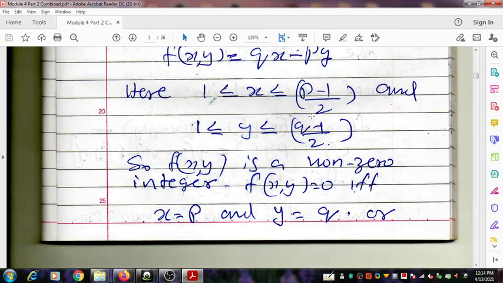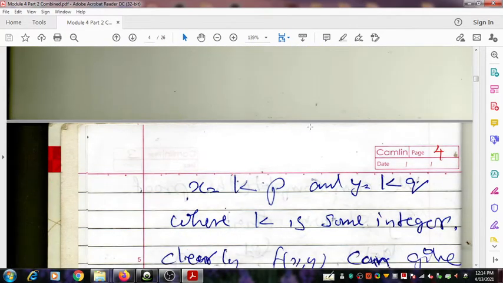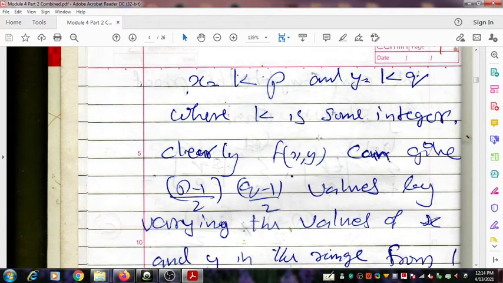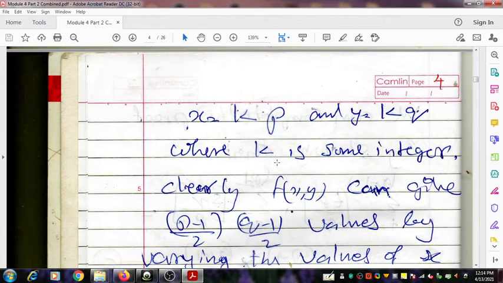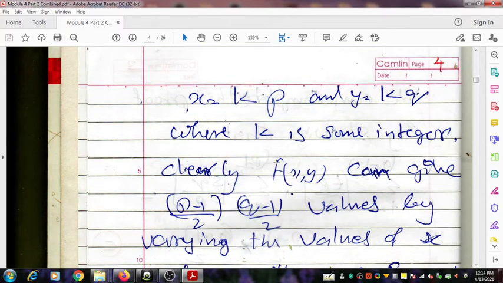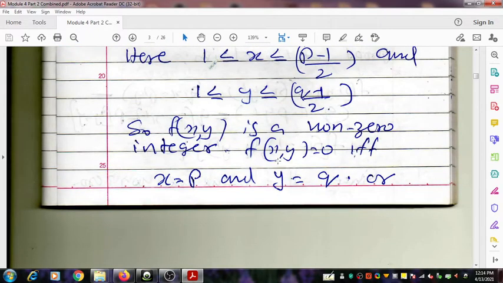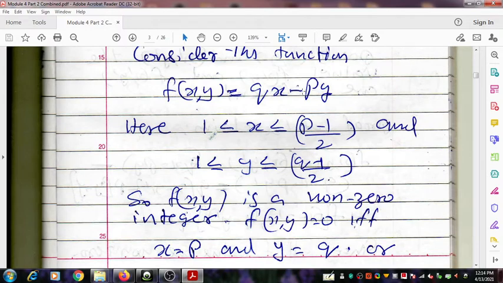So what is the remaining case? We have to think about the remaining case. Suppose this happens. If you take this as equal to 0, then you can write x divided by y by rearranging this quantity.